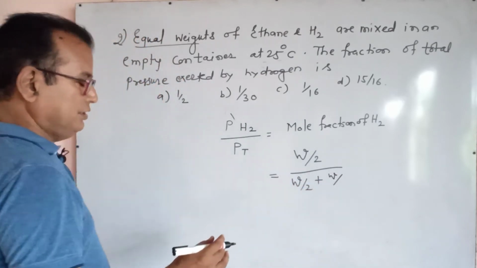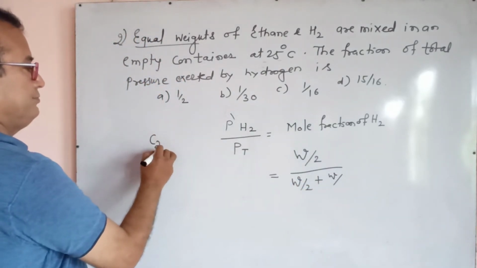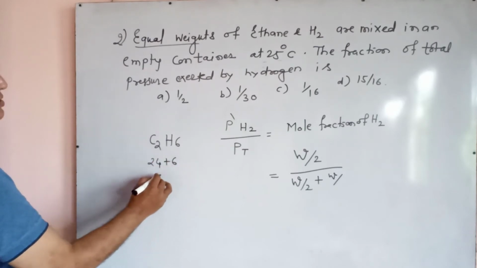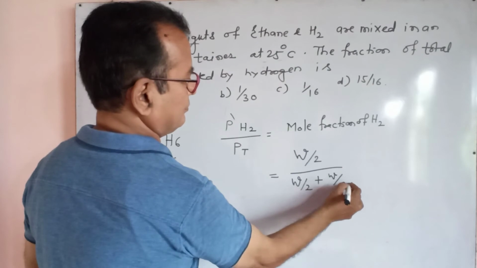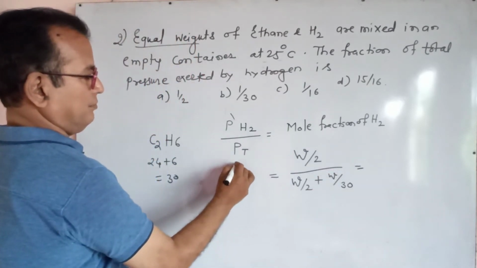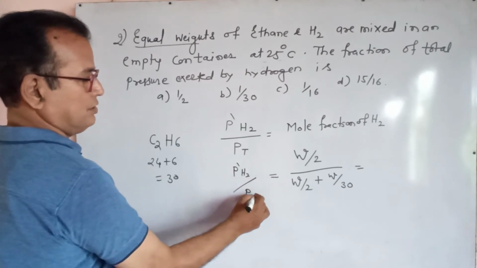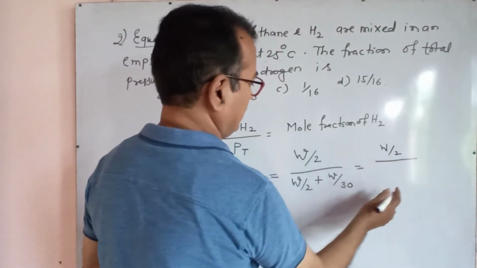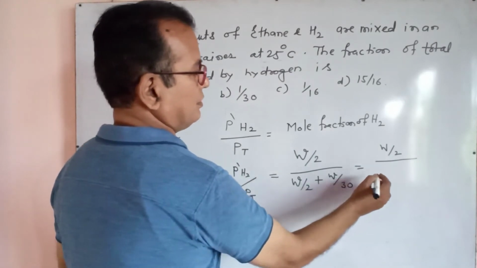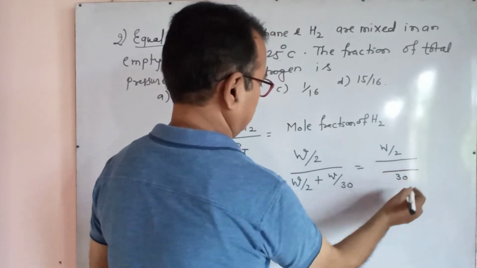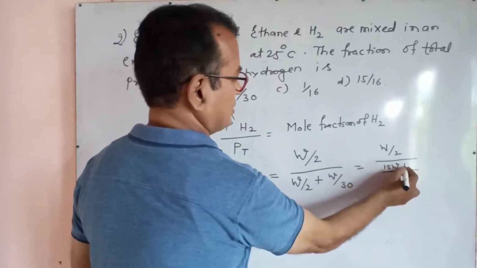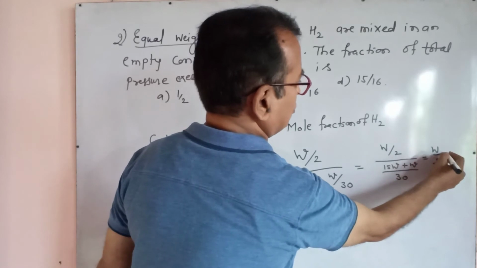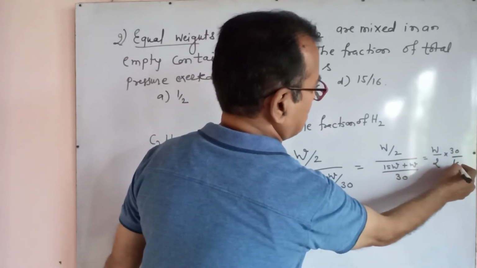Moles of ethane is W upon the molar mass of ethane. You know that ethane is C2H6, so its molar mass is C2, meaning 24, plus 6, meaning 30. The pressure of H2 upon the total pressure is equal to the mole fraction, W upon 2 divided by W upon 2 plus W upon 30. This becomes 15W plus W, that is 16W, so the fraction is W upon 2 into 30 upon 16W.